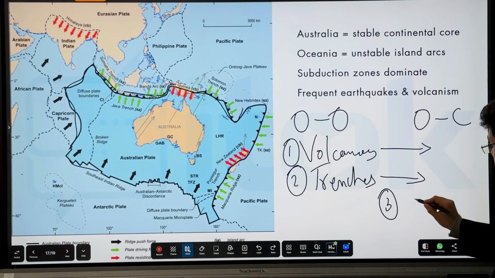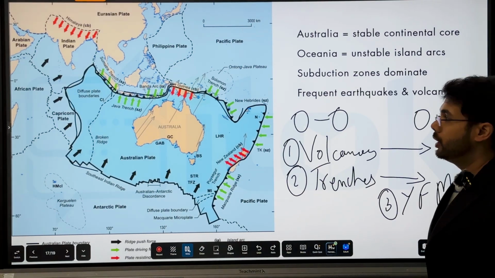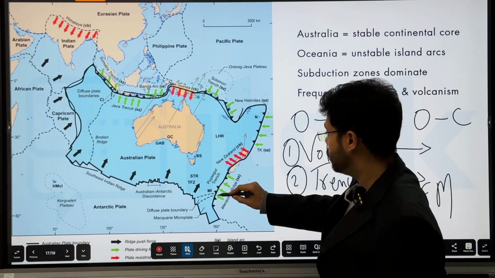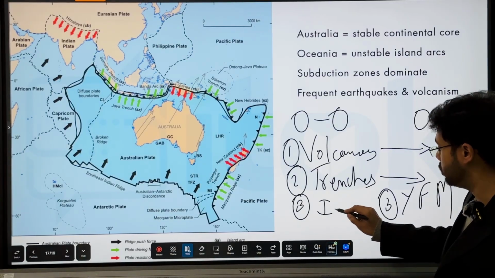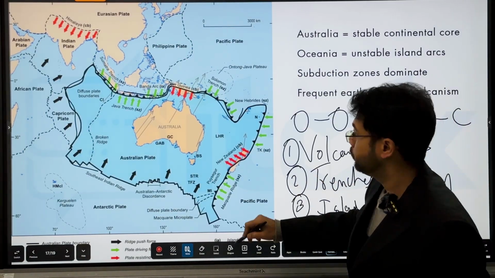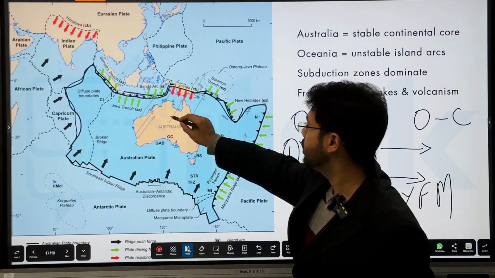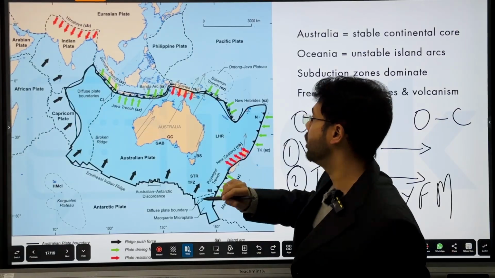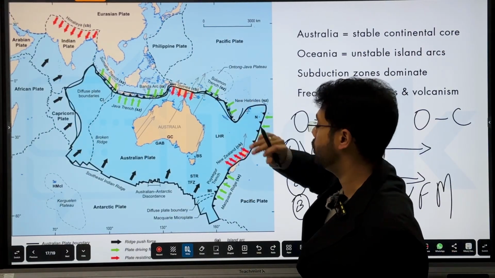We also have young fold mountains. That's why around Australia, over here we also have island arcs, the most important thing, which creates Oceania as we know it today. So there are these different islands here and here. These are all island arcs because of this particular plate colliding with the Pacific plate on top.